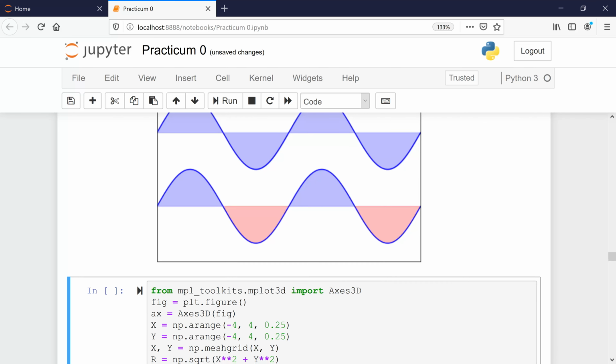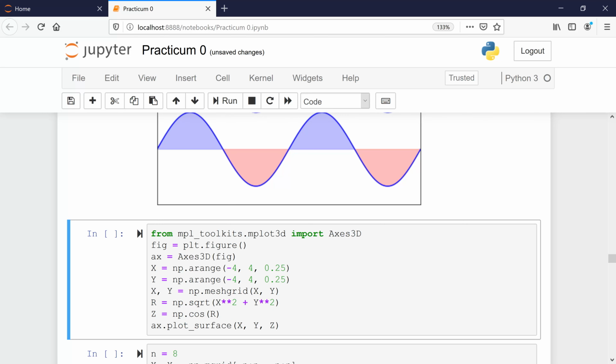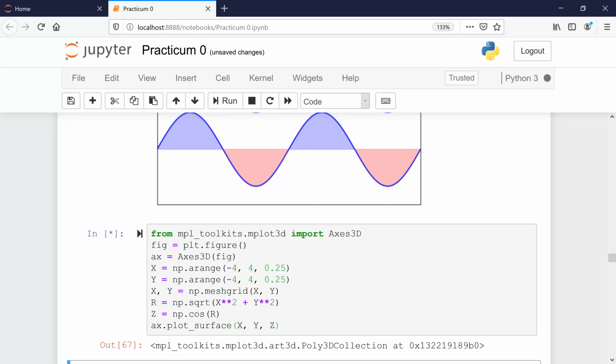And of course, you can plot three-dimensional figures. For example, here we plot the cosine of the square root of x squared plus y squared. For that you have to use another library, not Matplotlib, mpl_toolkits.mplot3d.